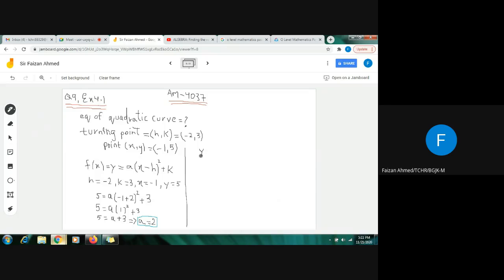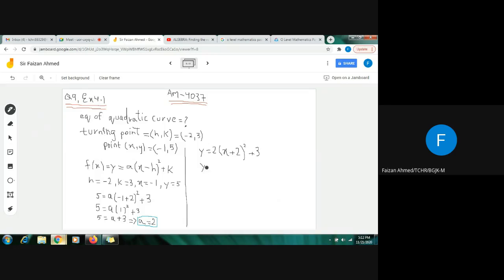So y equals 2(x + 2)² + 3, since h is -2 and there is a negative sign in the formula. And this is the equation of the quadratic function, but we will simplify it further.